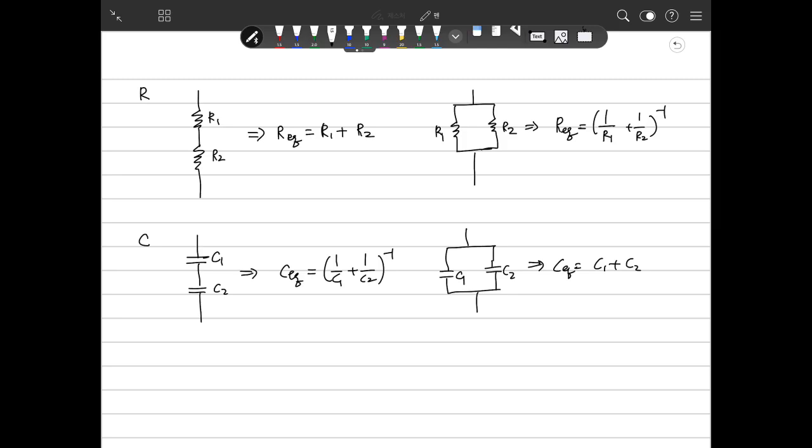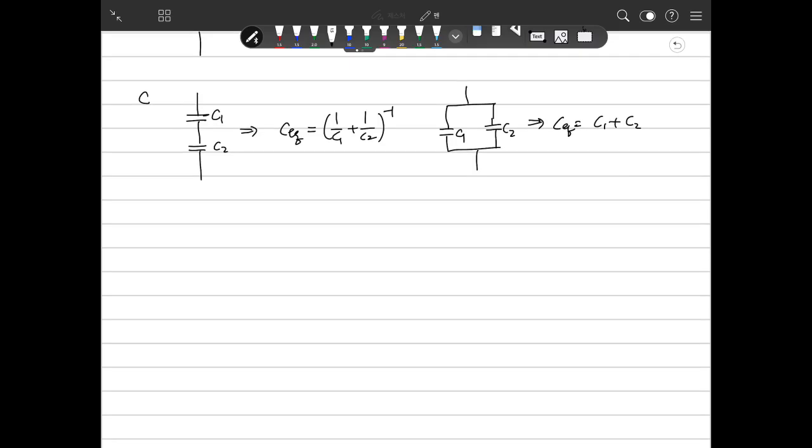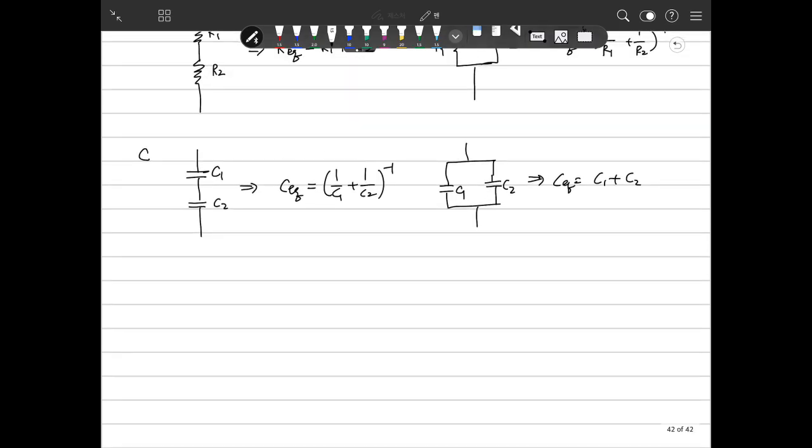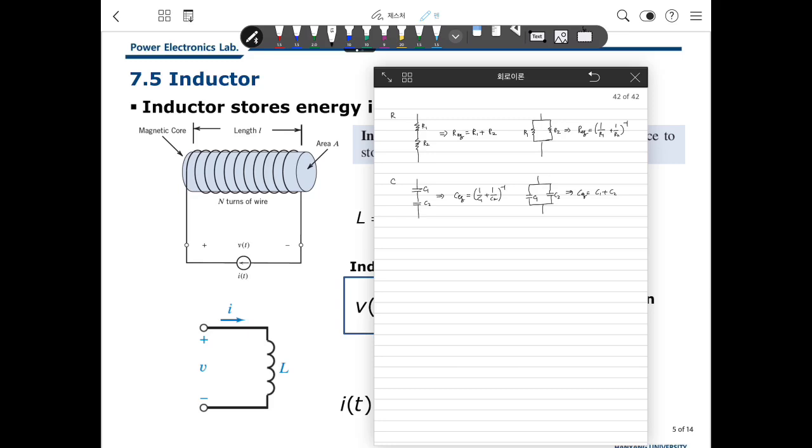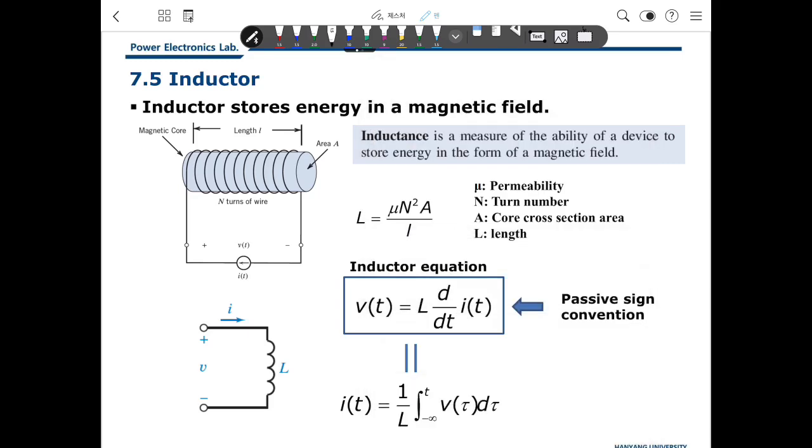Another thing is we will discuss the inductor. An inductor is a passive element in the electric circuit. It consists of a core and a coil.